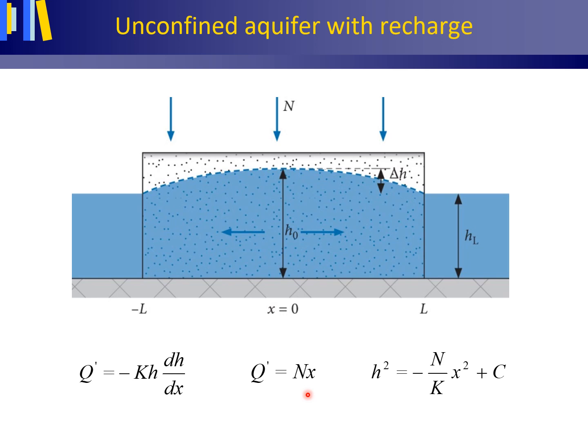So both the horizontal Q' and Nx are in square meter per day. As specified in section M4 at the end of my book, this delivers the following equation for the potentiometric surface.